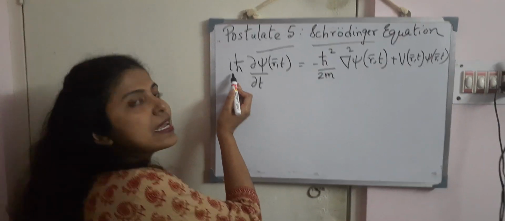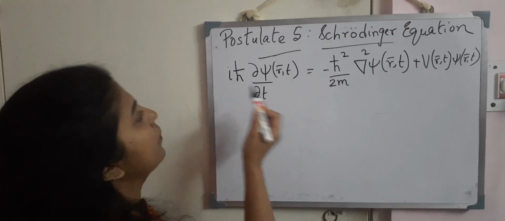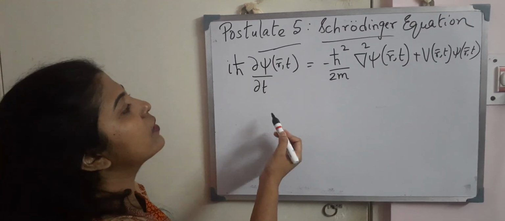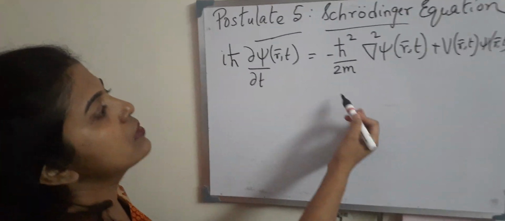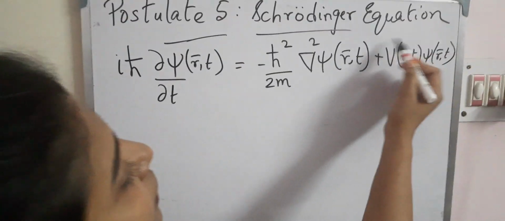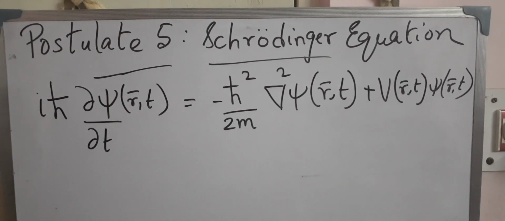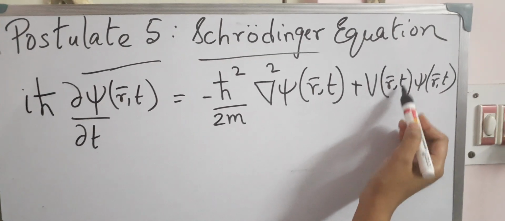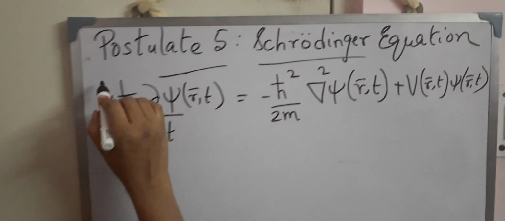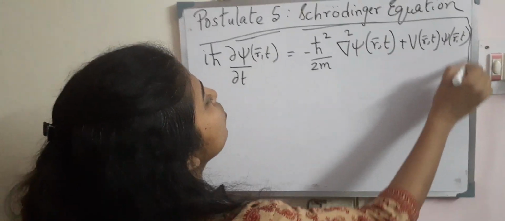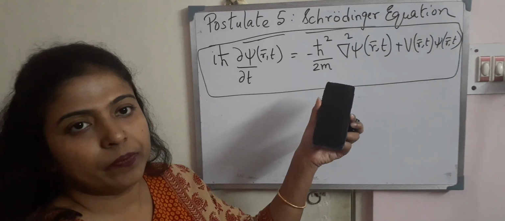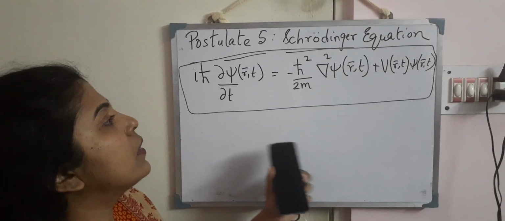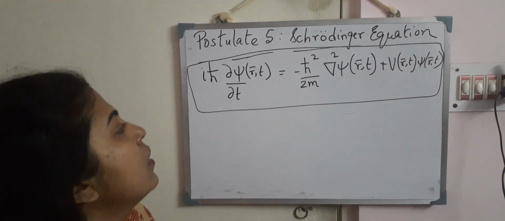Of course you know that i is the imaginary number, ħ is h by 2π, ψ(r,t) here is the wave function, m here is the mass of the particle in the system. This V(r,t) is the potential energy. Here V is a function of r and t. So this is how the Schrödinger equation looks for a three-dimensional system, for the motion of a particle in three dimensions.